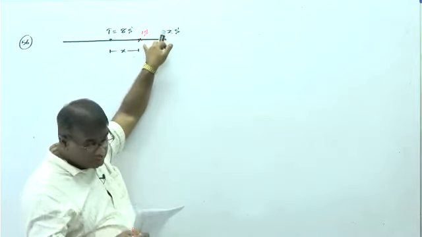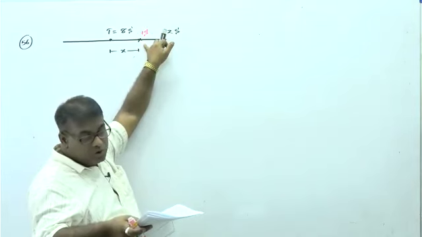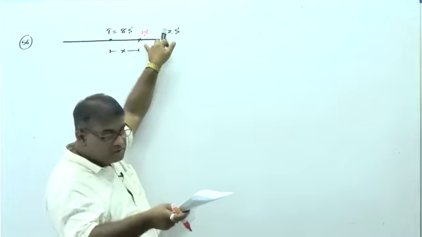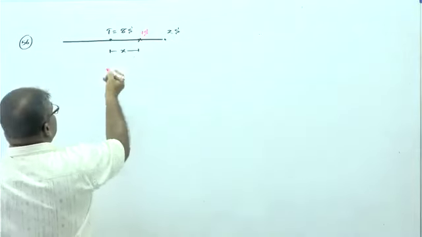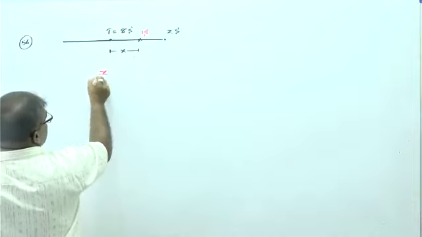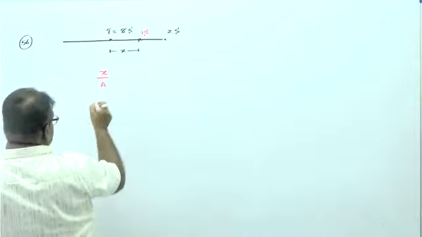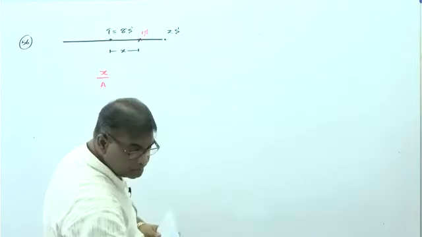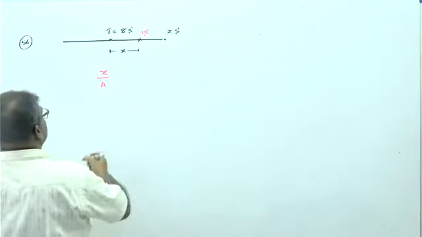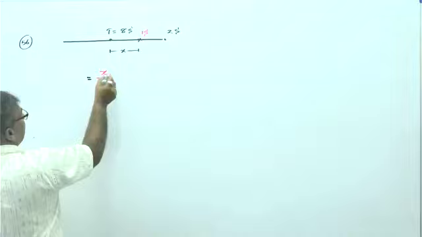That's not fair, right? They need the ratio of distance traveled by the object in the first second. They need the ratio x over a.